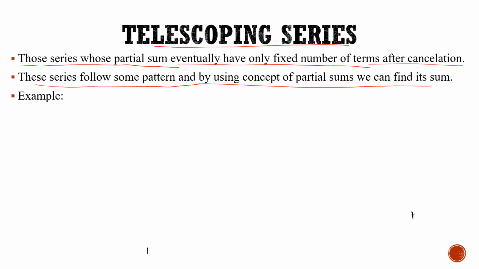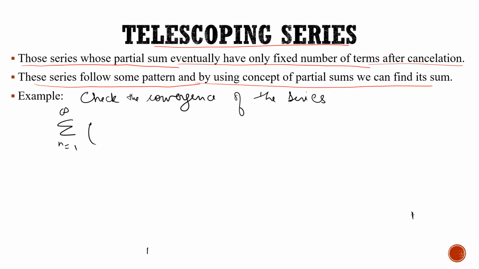I think this example will make it clearer what a telescoping series means. So let us check the convergence of the series. You want to check the convergence of this series.